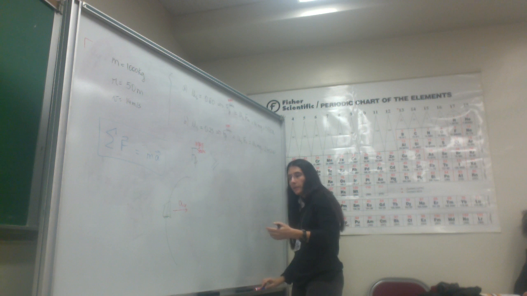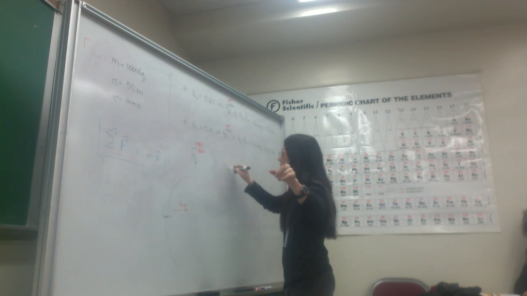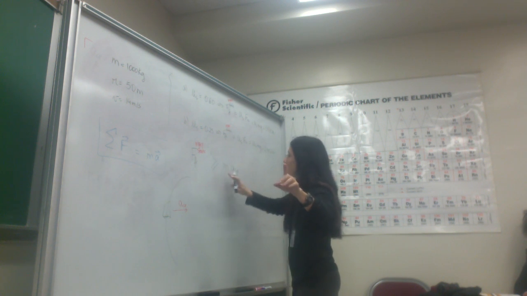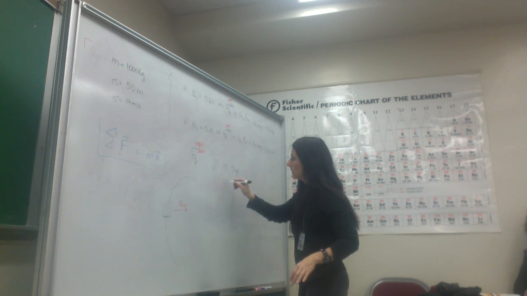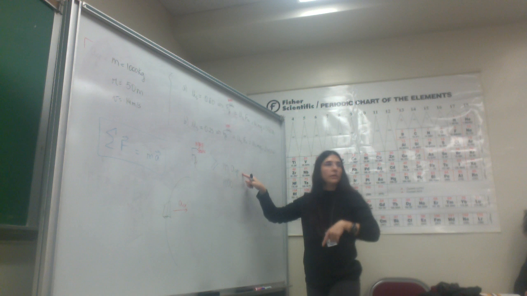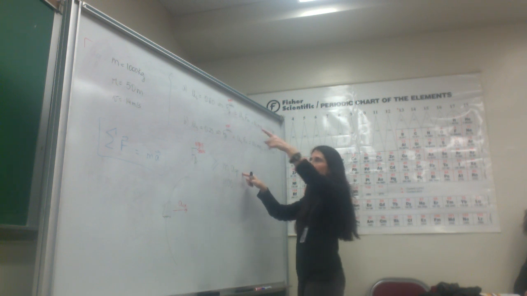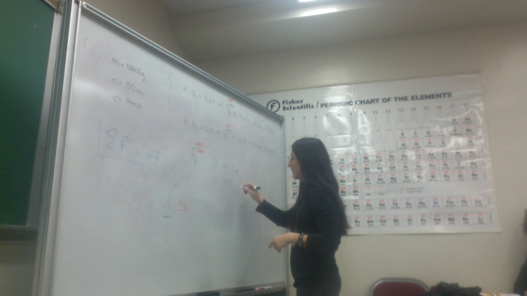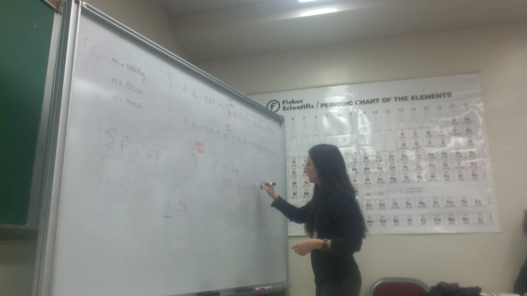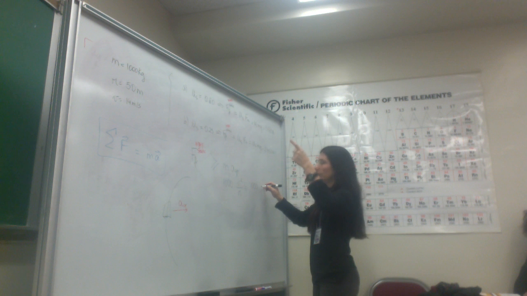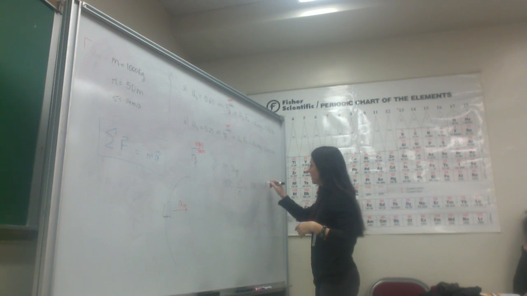Alright, so what is this MA? As I heard people here saying, it is the mass of the car, 1,000, and the centripetal acceleration, which is v squared over r. Let's put all the numbers there. 1,000, v squared is 14 squared, r is 50.